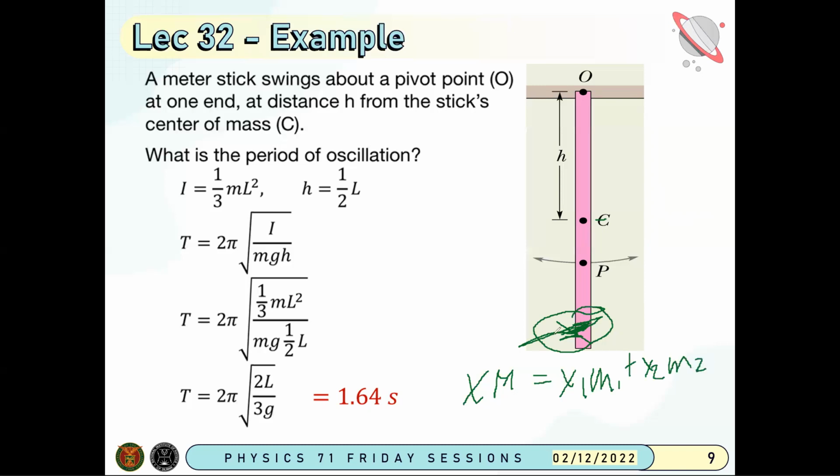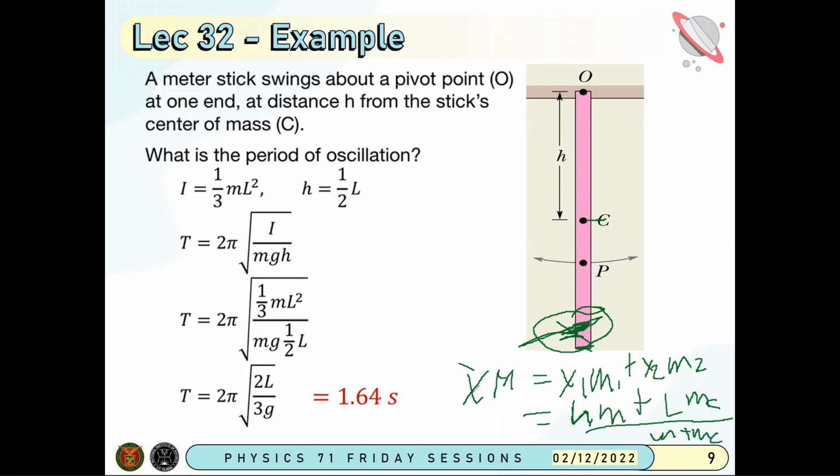So para makuha yung distance ng bagong center of mass, we just have this x1, ito yung H, times M1, yung mass ng rod, plus X2 here, that is L, kung nasa dulo yan, times yung mass ng clay, over yung total mass, which is M plus MC.